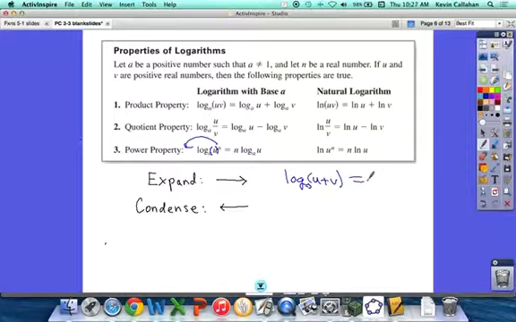Expanding takes you from this side to this side. Condensing takes you from this side to this side. Expand, condense. And again, we'll be doing that with ln, and with other logs; it doesn't matter.